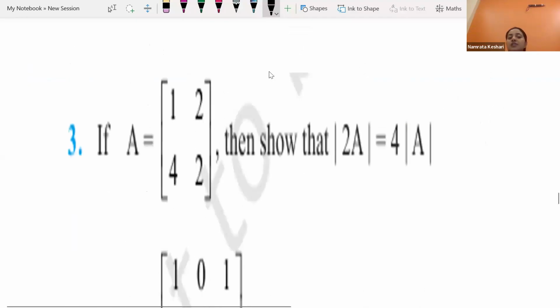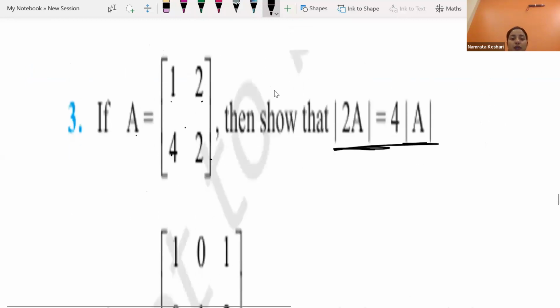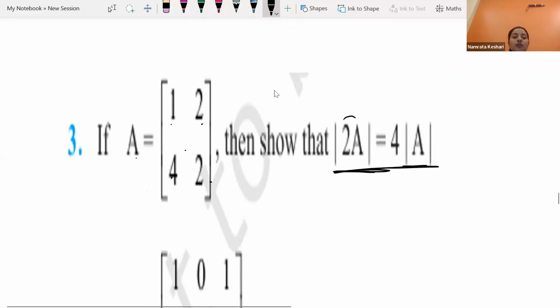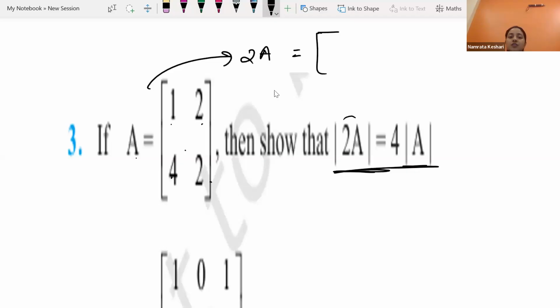Now, if a matrix A is given to us, that is 1, 2, 4, 2. Okay, and we have to show this one. If we will be taking 2A, if we will be finding 2 times of matrix A, that is the scalar multiplication in this matrix, that will be 2, 4, 8, and 4.